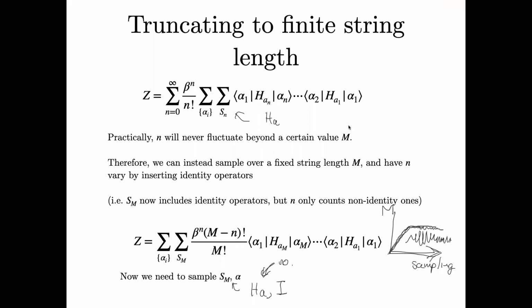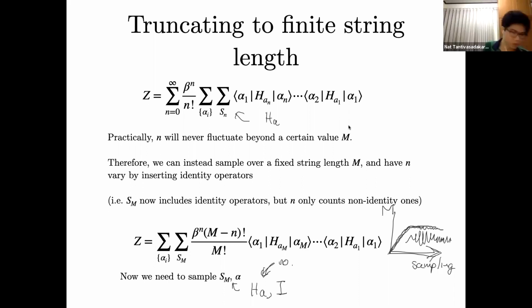Well, when you sample, n will have some expectation value, and then it'll fluctuate with some sigma. It is possible for n to go up, but it's very unlikely. It can fluctuate beyond your value, but it's very unlikely.